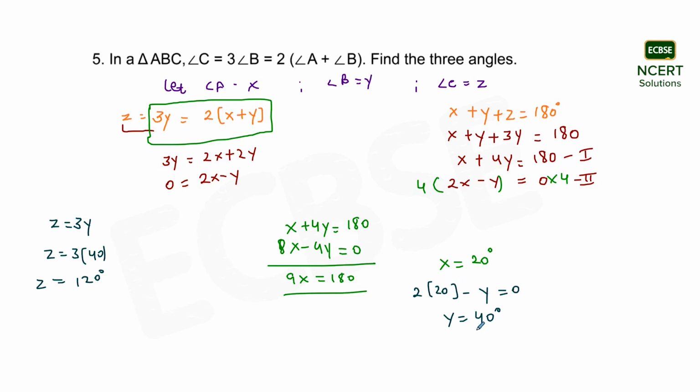So there is no restriction, but just keep in mind that you need to form the relation from these very conditions only. Don't use any other condition to get the substitution or to get elimination of any one of the variables in the equation of three variables, that is x plus y plus z is equal to 180 degrees.